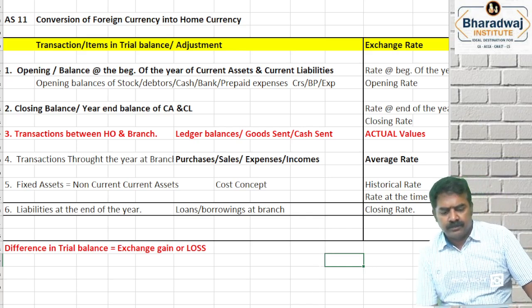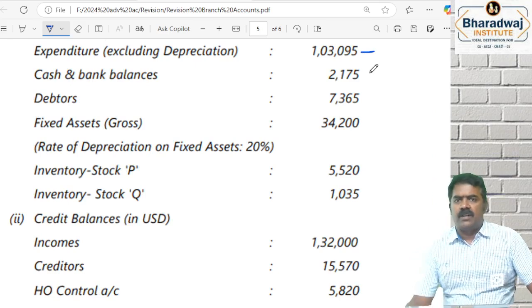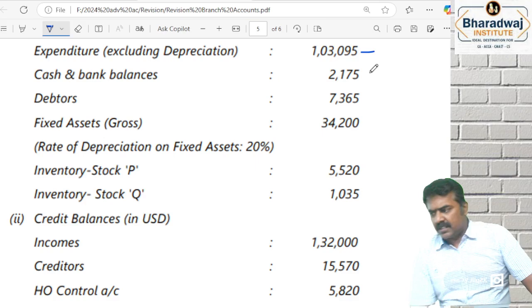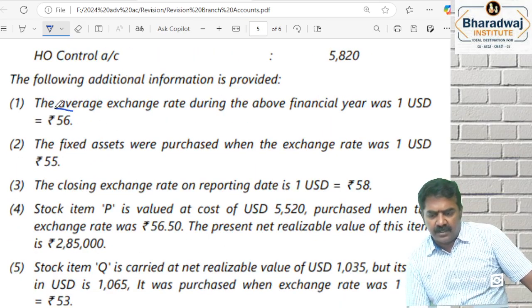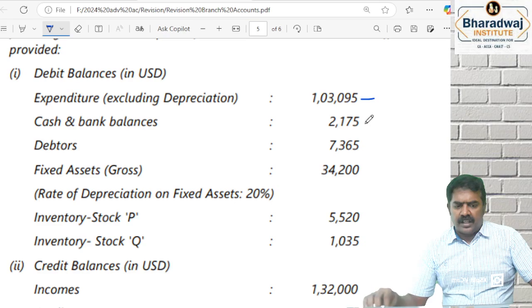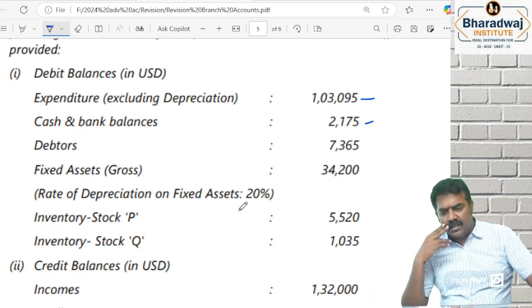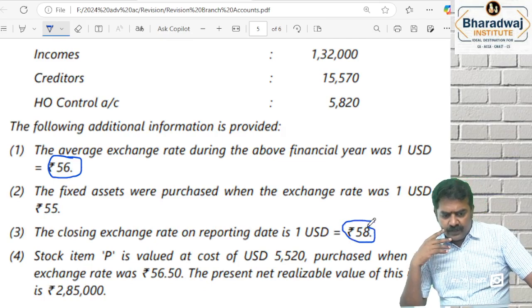Shall we? Look at the next question. Expenditure excluding depreciation is given. We'll convert it using the average rate. Expenses will be converted using the average rate. Next, cash and bank balances we'll convert using the closing rate. What is the rate at the end of the year? 58 is given.